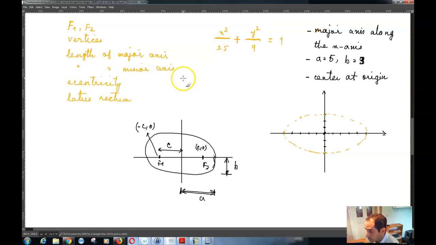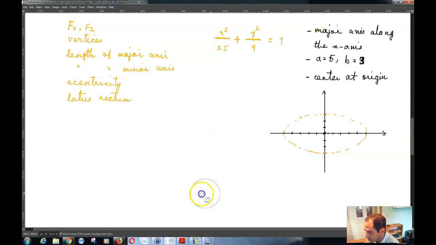Since you have your a and b, you can calculate your c. The relationship between a, b, and c was a squared is equal to b squared plus c squared. That means that c squared is equal to a squared minus b squared, so c is equal to the square root of a squared minus b squared.